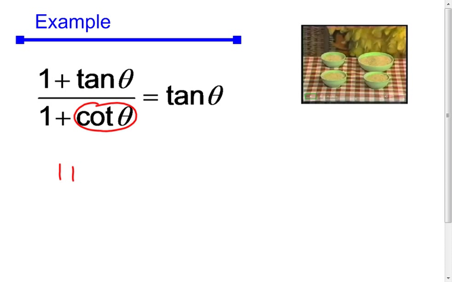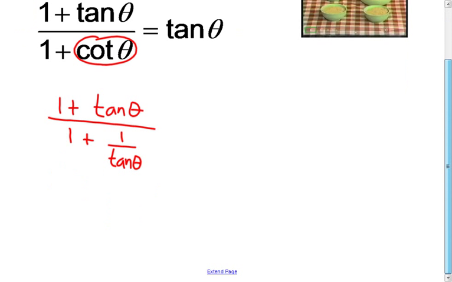So 1 plus tangent over 1 plus 1 over tangent. Okay, so now that's fabulous because I have everything in terms of tangent, but I have fractions within fractions, and that's ugly. But I can fix that. Right now, this 1 right here is 1 over 1.